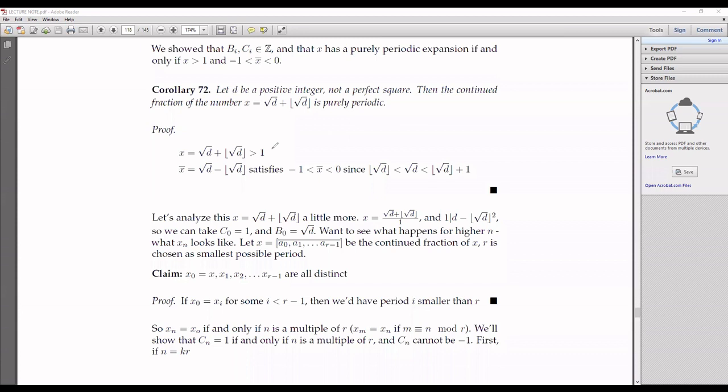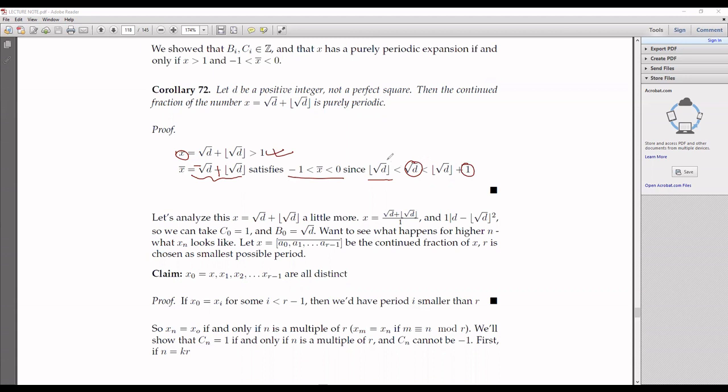Okay, so definitely this is greater than 1. Its conjugate, I think there is a mistake in writing the conjugate. It should have plus here and minus here. So this is the conjugate of the given number x. Why does it satisfy this? You can see that the floor of √d has to be less than √d, of course. And if you add 1 to the floor, it will be the ceiling of √d.